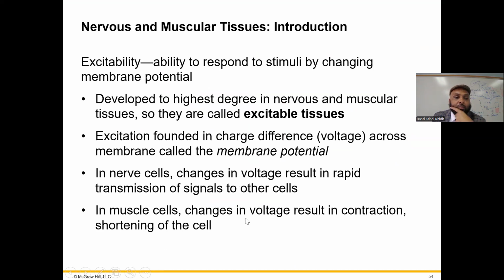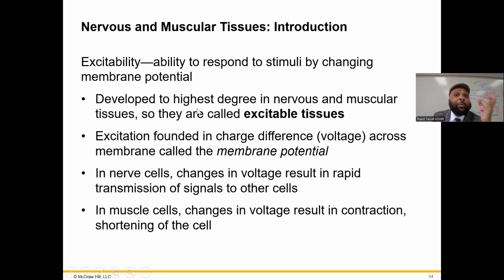Excitability. Excitability is the ability to respond to a stimulus by changing the membrane potential. It is developed to the highest degree in the nervous and the muscular tissue.